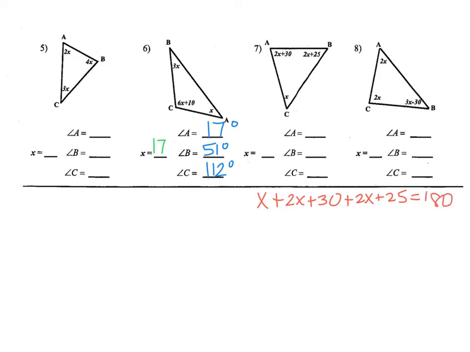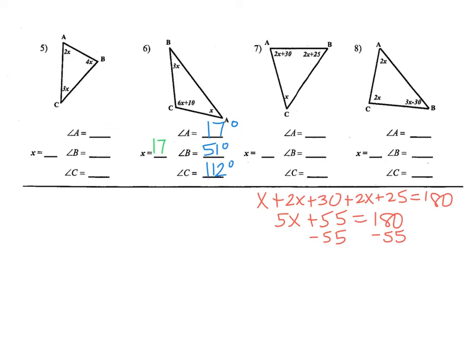All right, I'm going to combine my like terms. So x plus 2x is going to give me 3x, plus another 2x is going to give me 5x. 30 plus 25 is going to give me 55. So we are left with 5x plus 55 equals 180. I'm going to go ahead and subtract my 55.